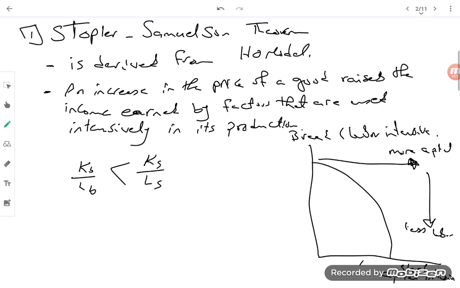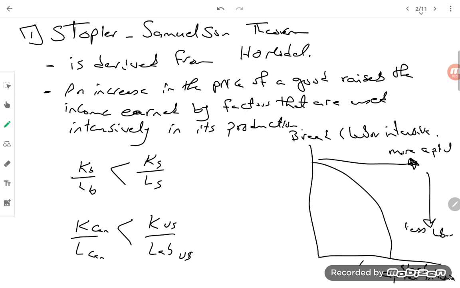Now let's assume that the world consists of two countries, United States and Canada, and each one of them has capital and labor. So if you calculate capital labor ratio for Canada and capital labor ratio for United States, assume that the ratio is greater for United States.